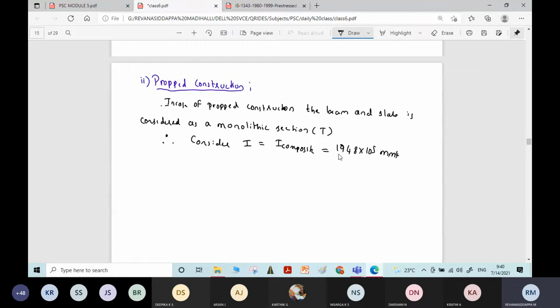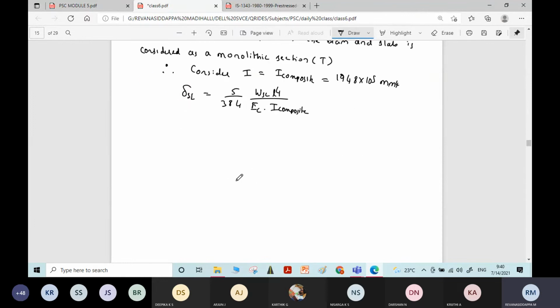Okay, therefore deflection due to slab load is equal to 5 by 384 into WSL L raised to 4 divided by EC into I composite, not the beam. Therefore delta SL is equal to 5 by 384 into 0.384 into 5000 raised to 4 divided by EC, 38 into 10 power 3, into I composite 1948 into 10 power 5.